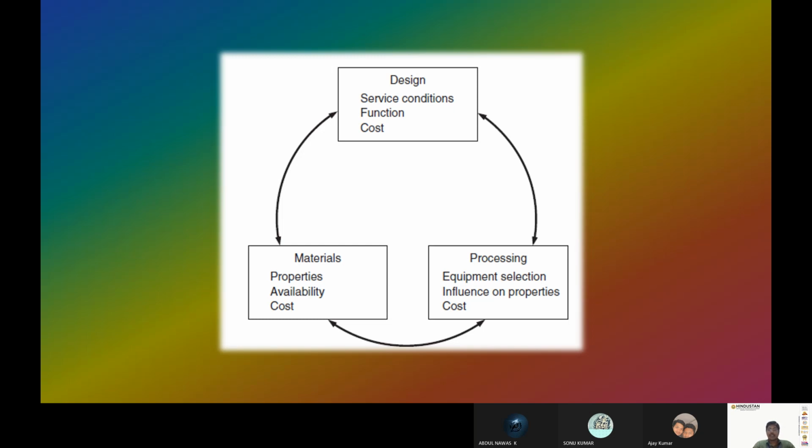We are using it in a bike, so how effectively the bikes are running. So all those things, we have to give proper insights about the material selection. That is very, very important in the design process.